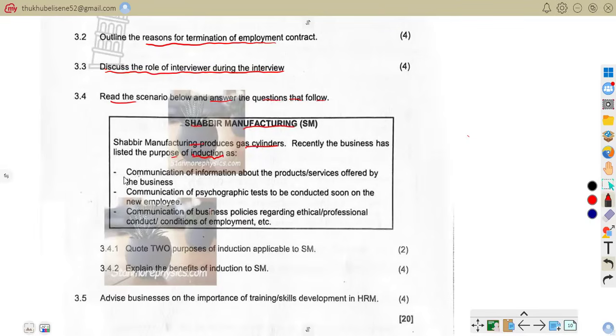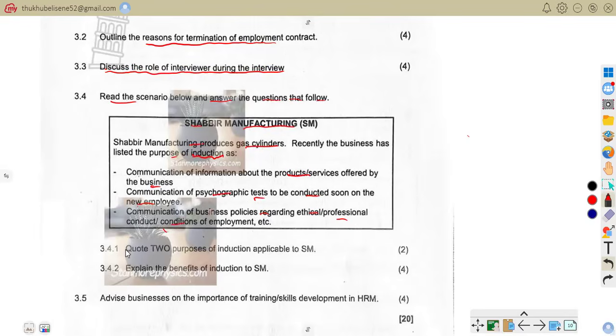So first one is communication of information about the products or service offered by the business. Communication of psychographic tests to be conducted soon on the new employee. Communication of business policies regarding ethical or professional conduct or conditions of employment. So this is the scenario that is given.